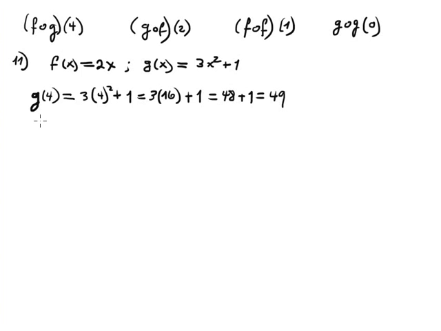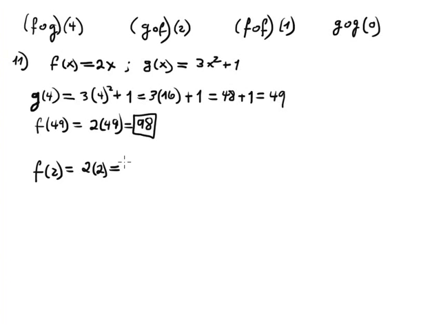And now you evaluate f at 49. F is 2 times 49, which is 98. And this is the answer. Now the second expression is f evaluated at 2, which is 2 times 2, which is 4.